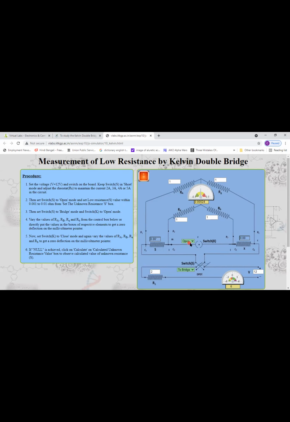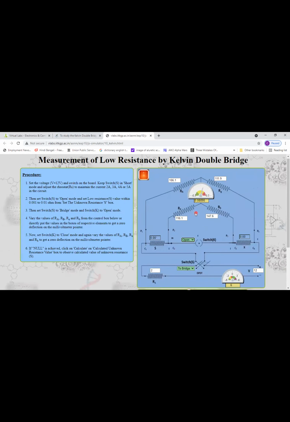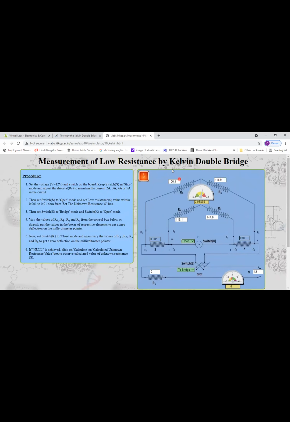This is the open mode, but let us check how many ohms this is. We have to increase the low resistance. Look, the deflection is not there. Now we have to choose this close mode. This is much deflected. When we go for the open mode, we have to bring it up to zero, meaning null detection. You can also change it from here.